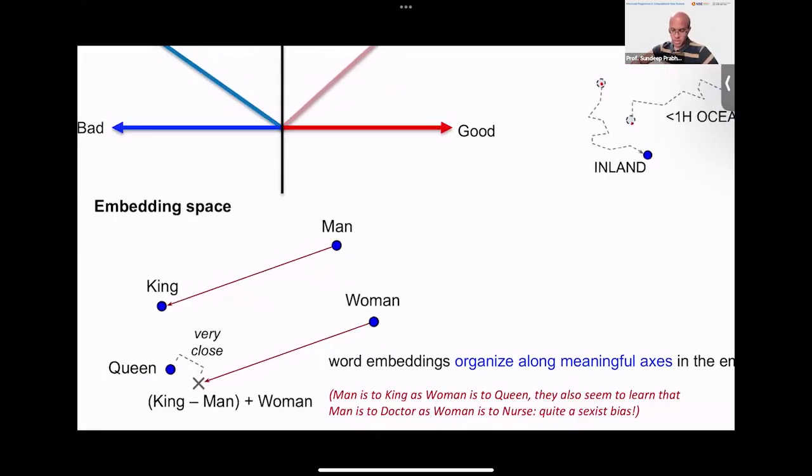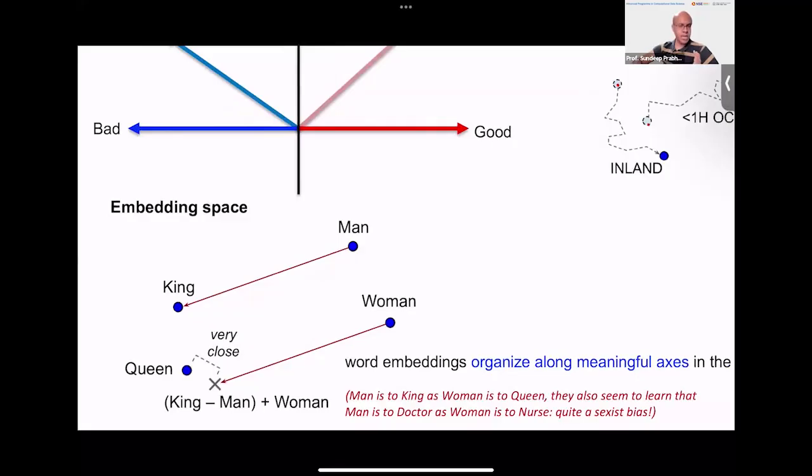For example, a simple prediction task that you would like to think about is the following, right? You have embeddings for different objects here: king, man, woman, and queen, right? So now, if you want to do a simple matching task, you have embeddings for king, you have embeddings for man, you have embeddings for woman. And now you would like to predict what is the embedding for queen, right?